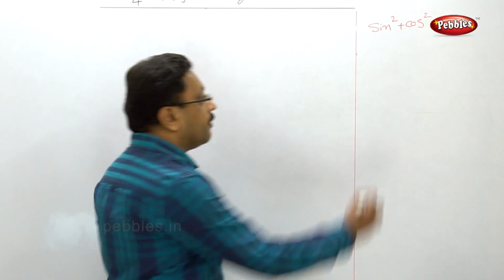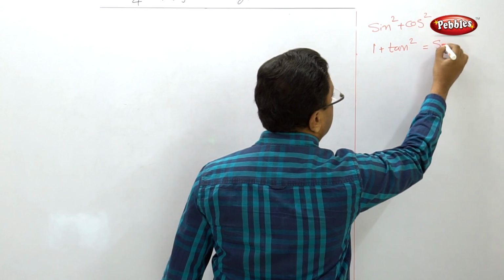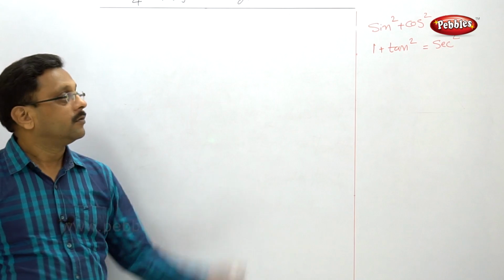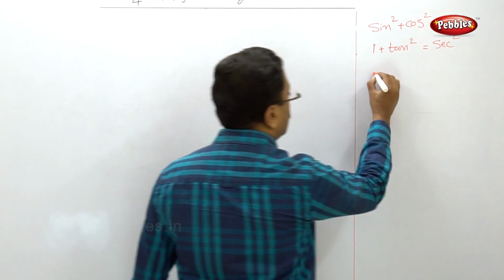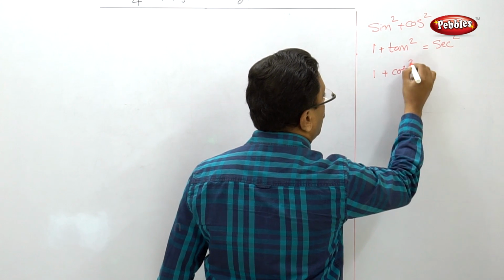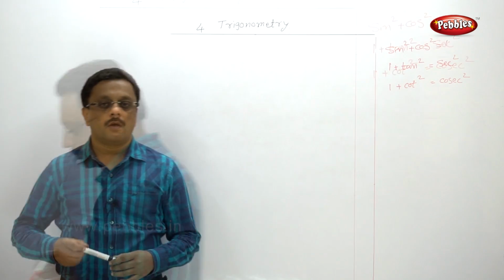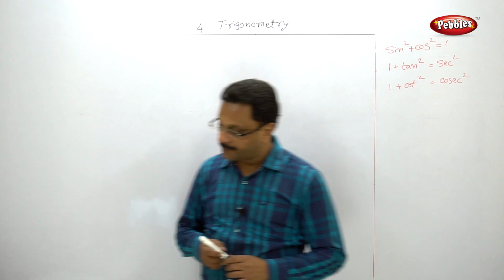After that, 1 plus tan square is sec square. Sine cos, then tan sec, cot cosec. So 1 plus cot square is equal to cosec square. Now before moving to exercise 4.1, let us see a few examples.